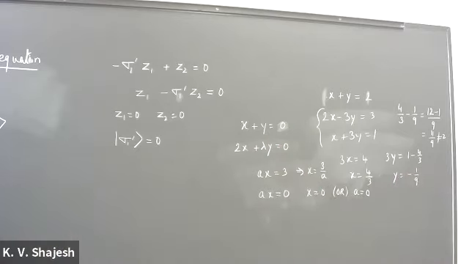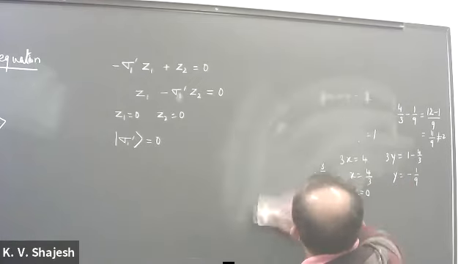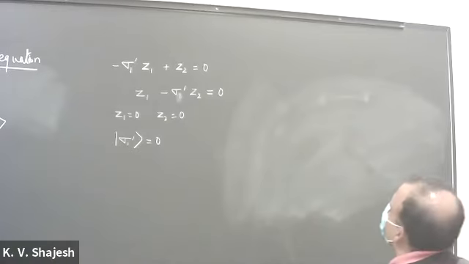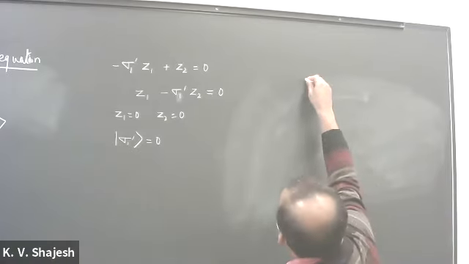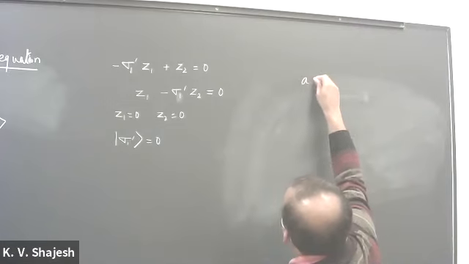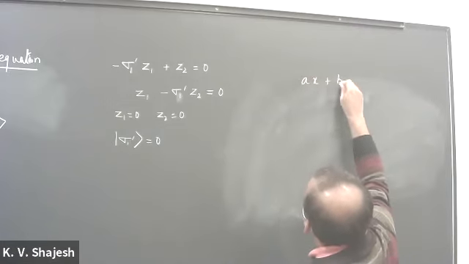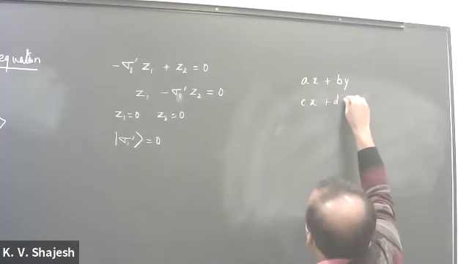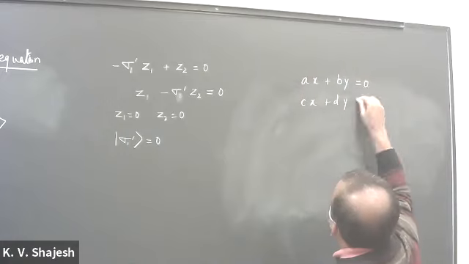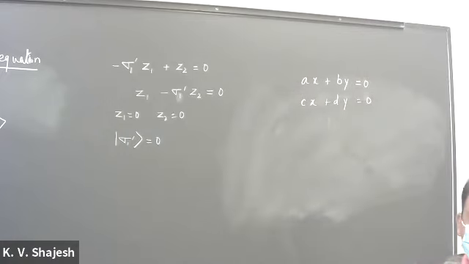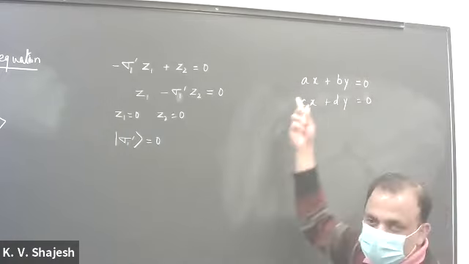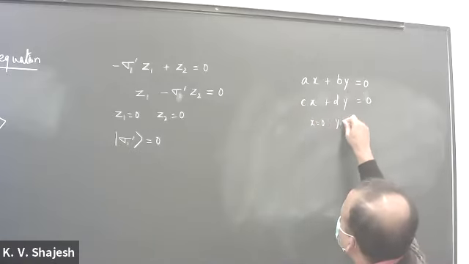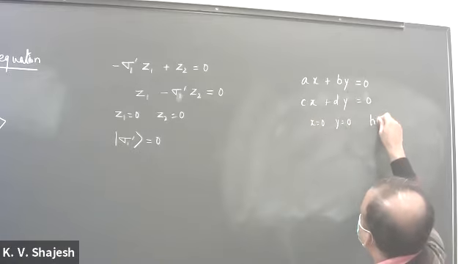If you have a times x plus b times y, and c times x plus d times y, that's two equations. Surely x equal to 0 and y equal to 0 is the solution, the trivial solution.